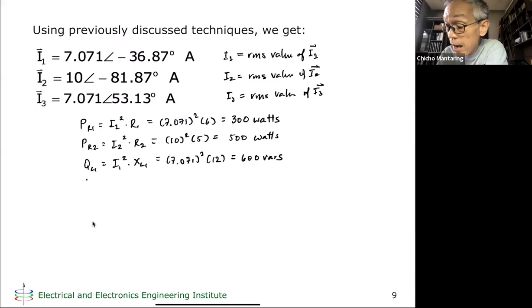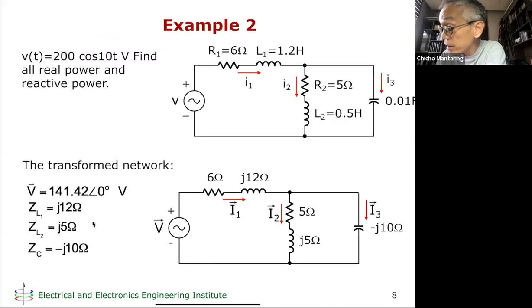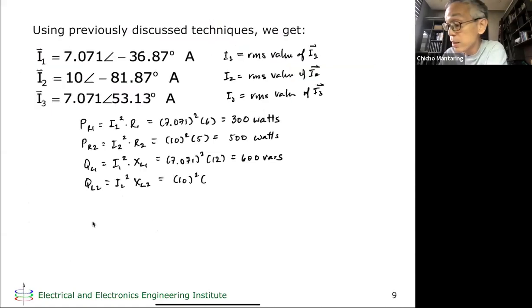Then the reactive power delivered to L2 will be I2 squared times XL2. That is 10 squared. XL2 is 5, times 5, which will give me 500 VARs. There is one more.